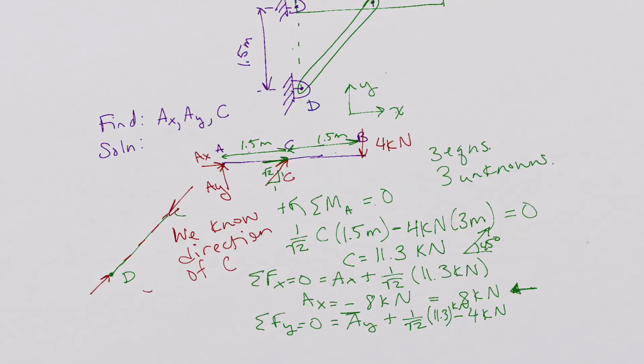So then we have AY equals, I'm just multiplying it out. And I encourage y'all to follow along with the multiplying stuff out also. So I got negative 4 kilonewtons. Again, that negative tells me that I guessed wrong, right? So instead of it going up like I drew on the free body diagram, it actually goes down. So AY equals 4 kilonewtons down.